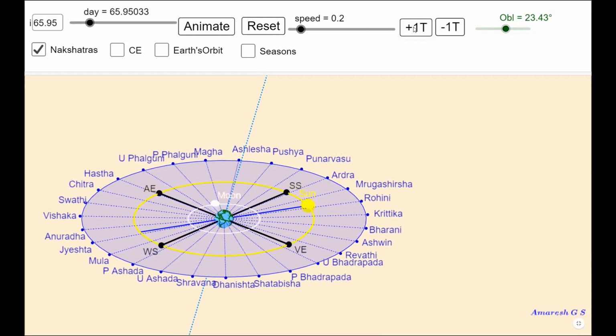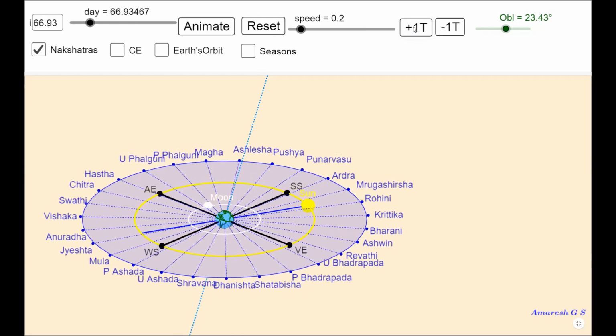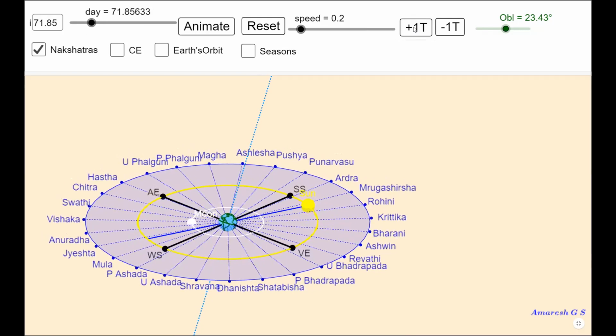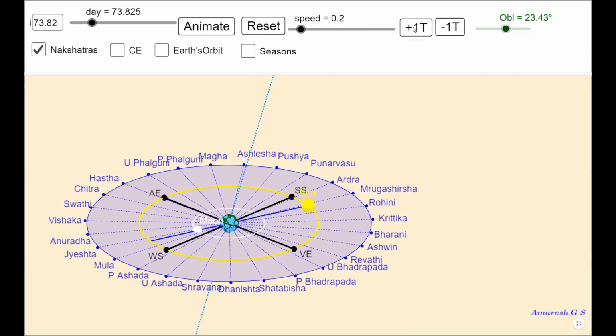We go through the Shukla Paksha or Shuddha Paksha, beginning with Pratipada all the way to the day of the full moon. And when we come to the full moon again, notice the nakshatra of the moon. If we draw this line here again, the nakshatra would appear to be either Jyeshtha or possibly Mula.